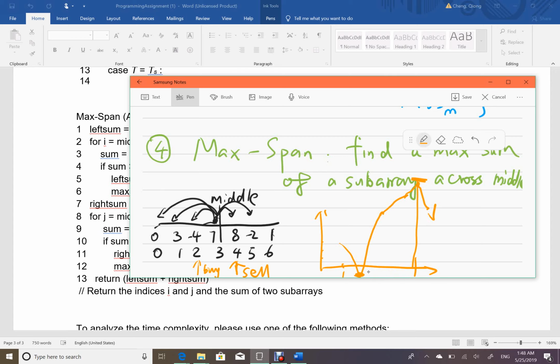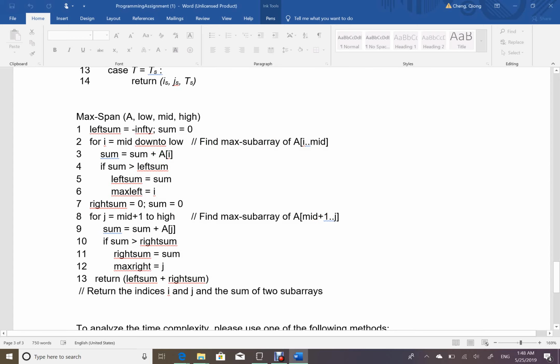So the procedure for the maximum span is you choose the middle and you scan, using i as the count variable, scanning the price differences from the middle day to the lowest day.